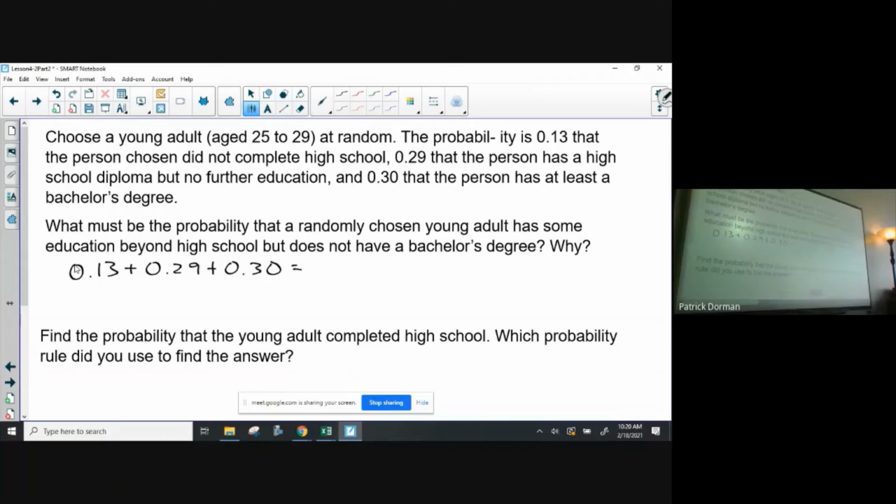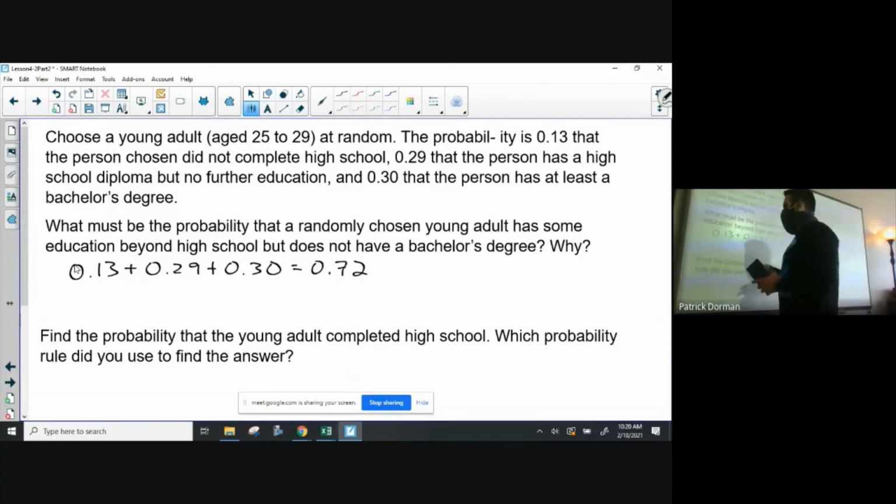It's 0.29 plus 0.13 plus 0.3. All right, if that was all the probabilities, then that should have added to 1, right? All of the probabilities in our sample space should add to 1.